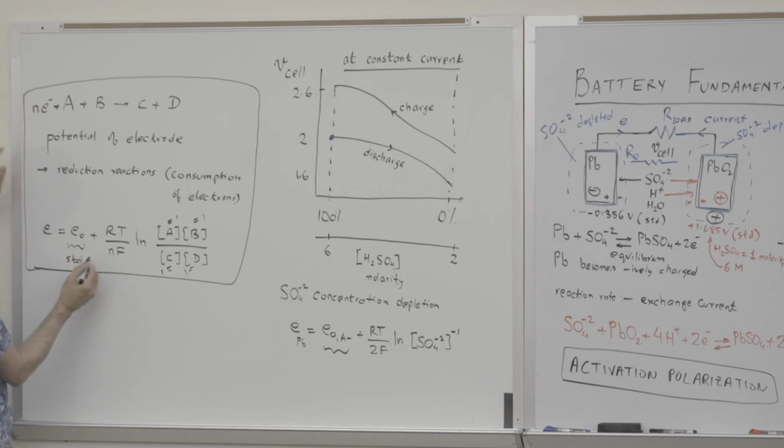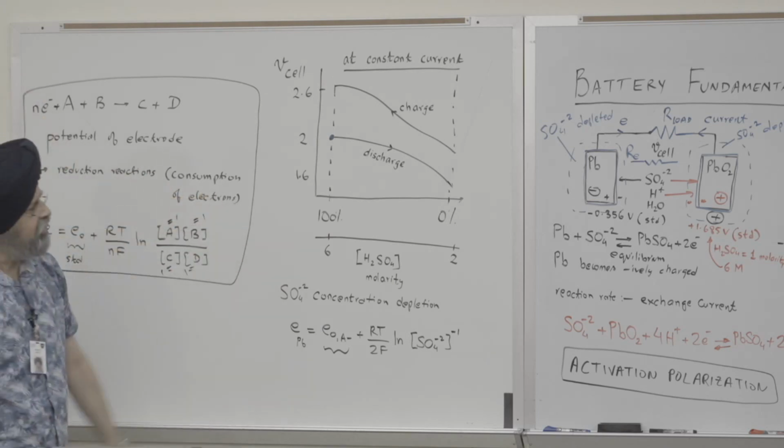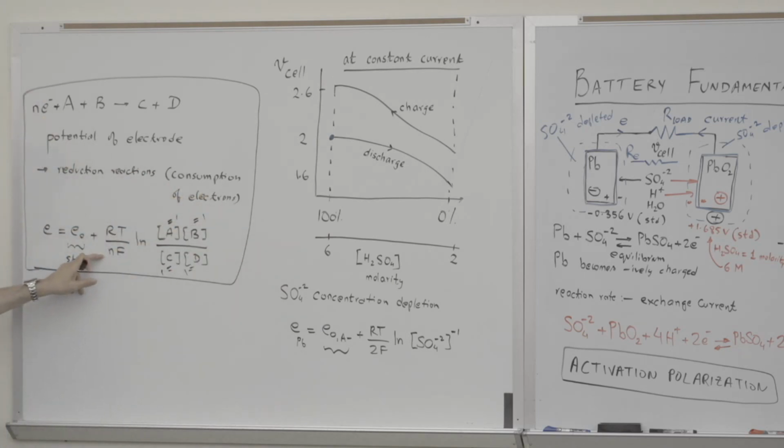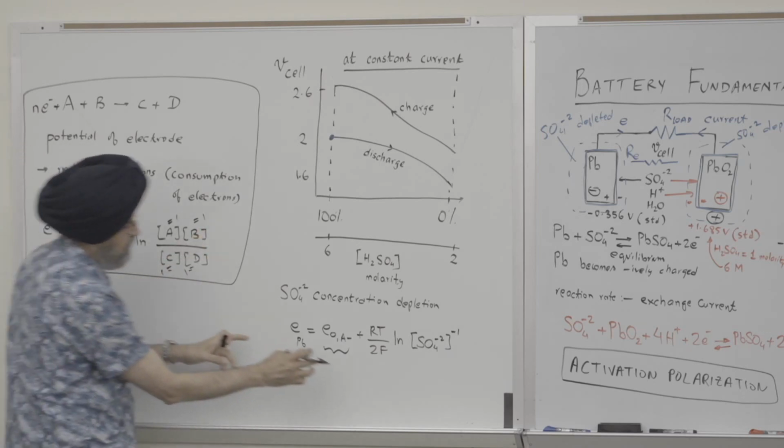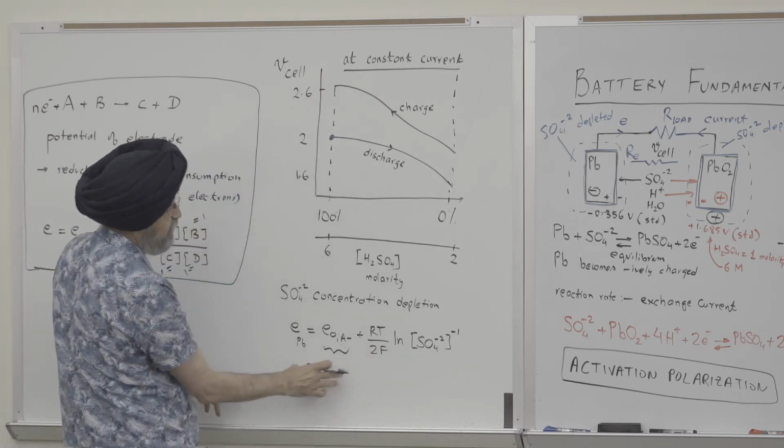This n is the number of electrons in this reaction. For us, in a lead acid battery, n is always equal to 2. So this is what I used to come up with this equation.